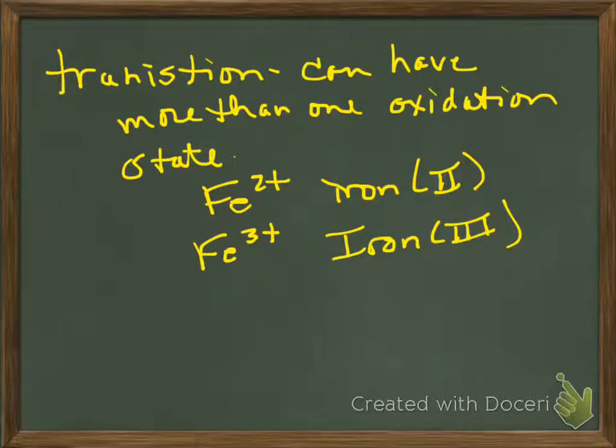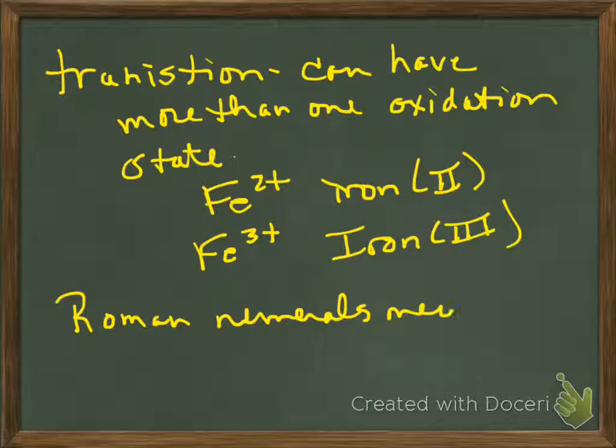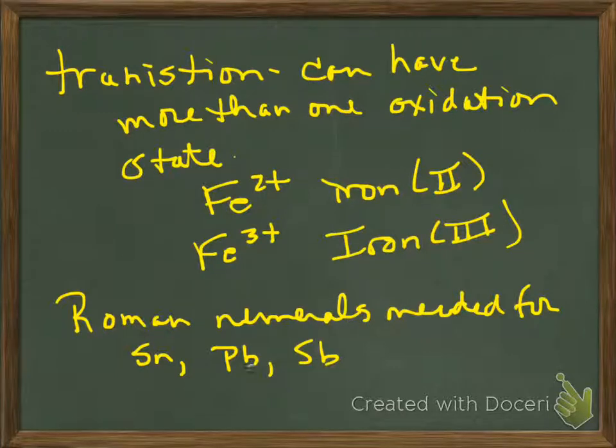Aluminum, zinc, and silver only have one stable state. Remember, Roman numerals are needed for tin, lead, antimony, and there's one more in that group of 4.